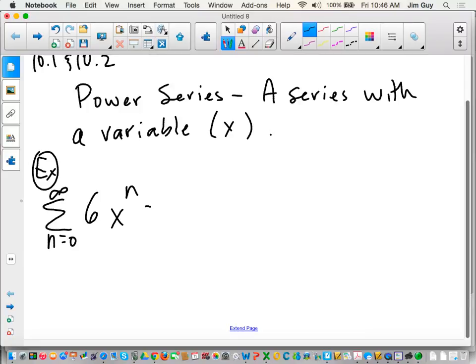If we start plugging in values for n, we put 0 in first. Well, x to the 0 is 1, so we get 6 for our first term, which makes sense because that's what that 6 is. It's the 0 term. Plus, now we put in 1, and we're going to get 6x plus, put in 2, 6x squared plus 6x cubed, and so on.